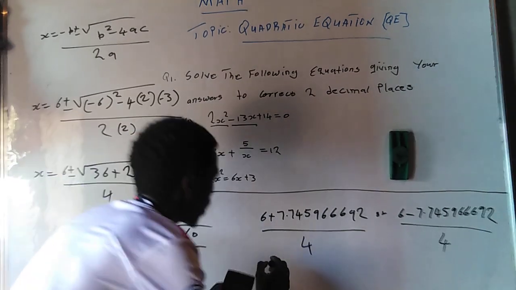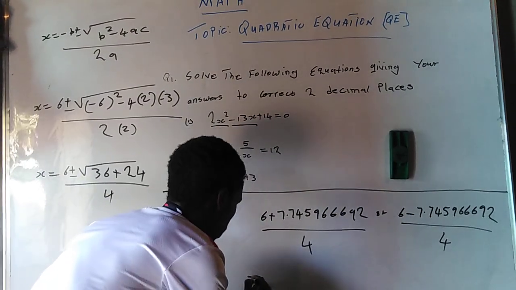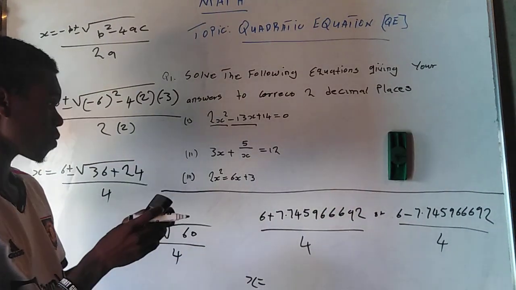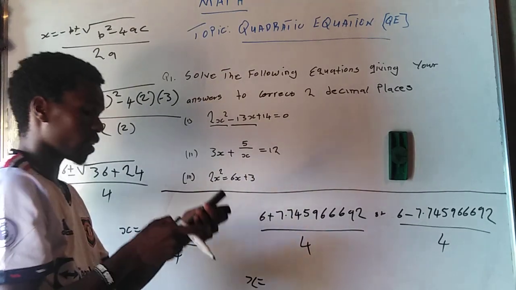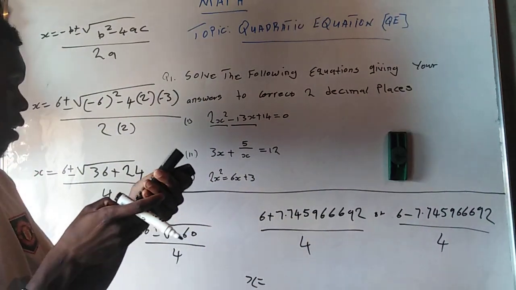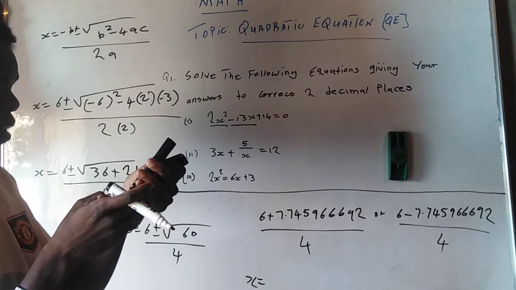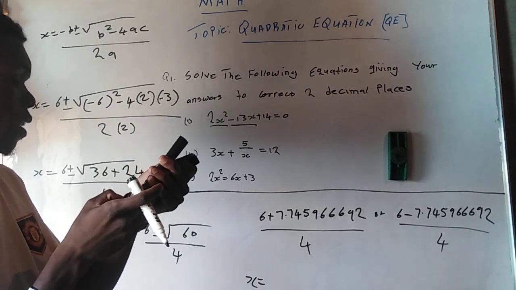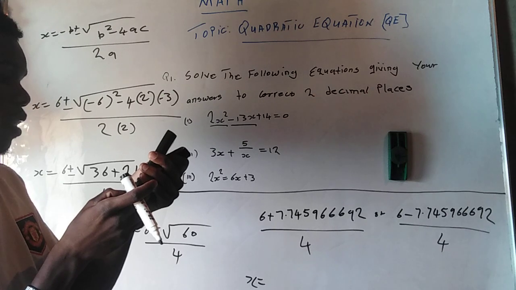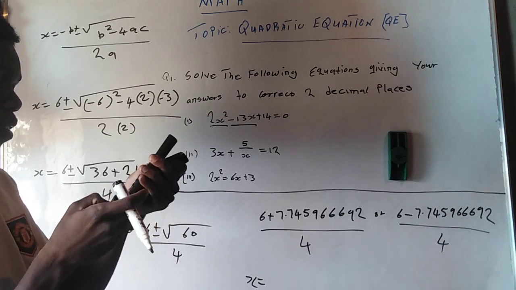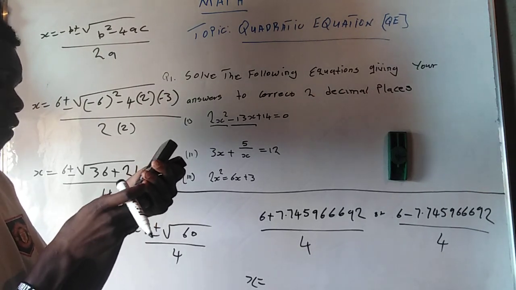Then I will say x is equal to, what's 6 plus 7.745966692 divided by 4?